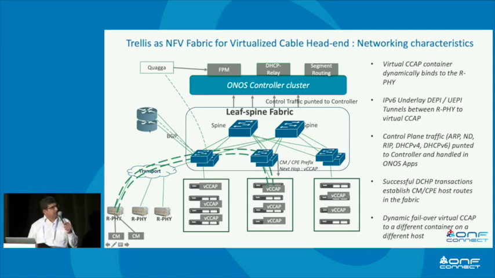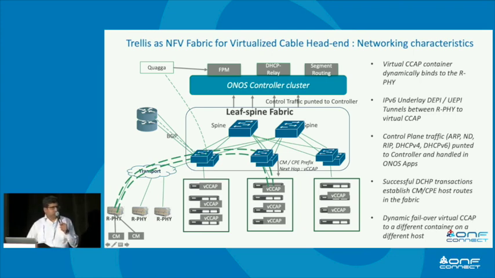So there are a number of things that need to happen to get this to work. Of course, the virtualized CCAP containers, how do we get them onto the network? That's one aspect. The underlay tunnel establishment is another aspect to be taken care of.